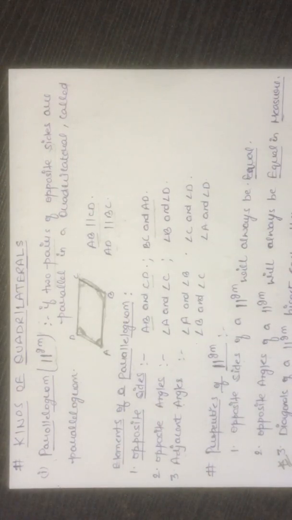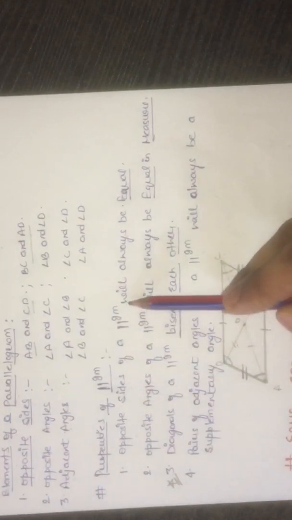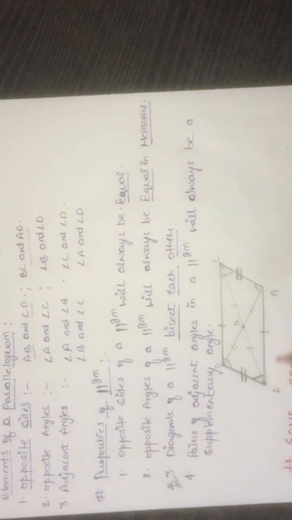Now, properties of a parallelogram. Opposite sides of a parallelogram will always be equal. In parallelogram ABCD, opposite sides are parallel and equal to each other.